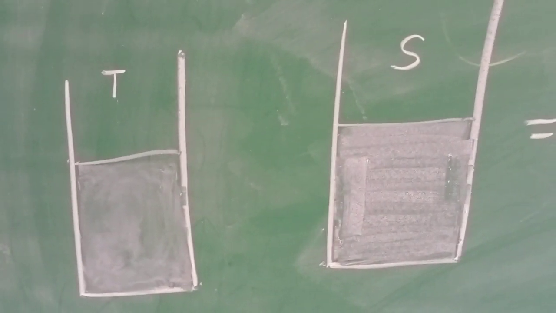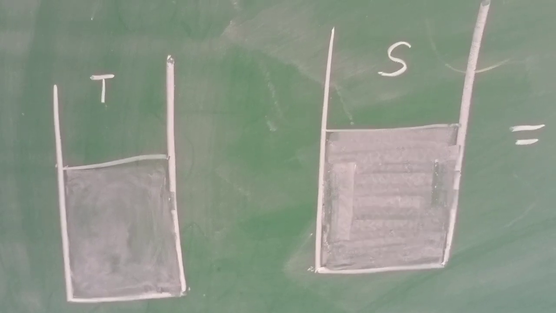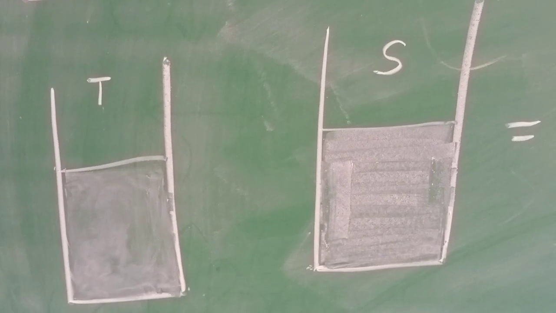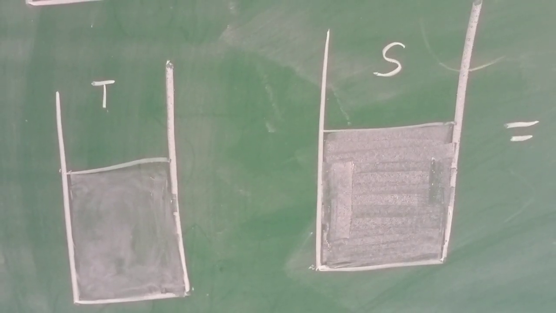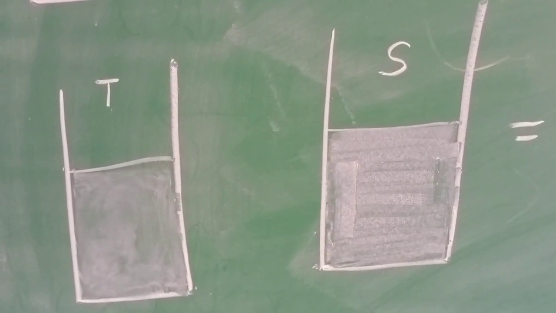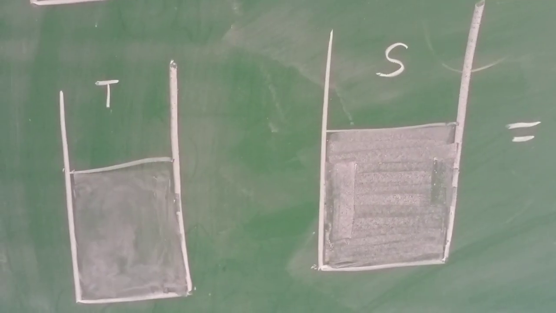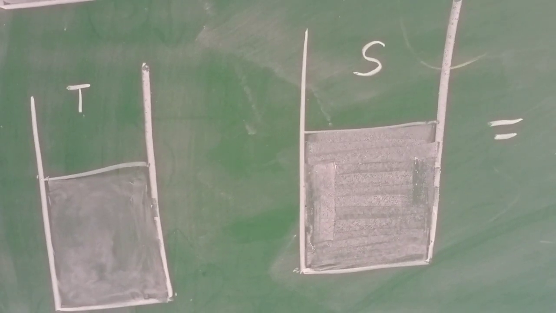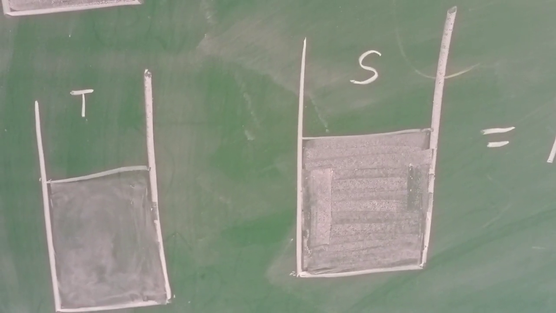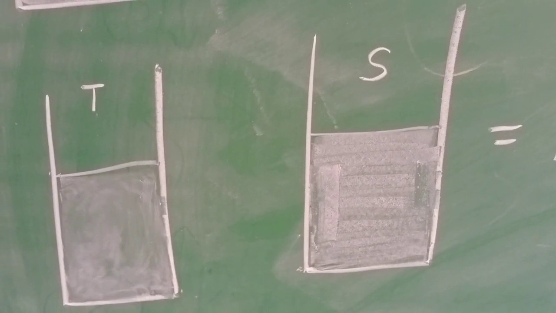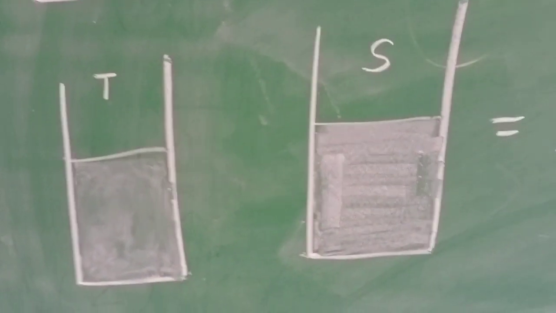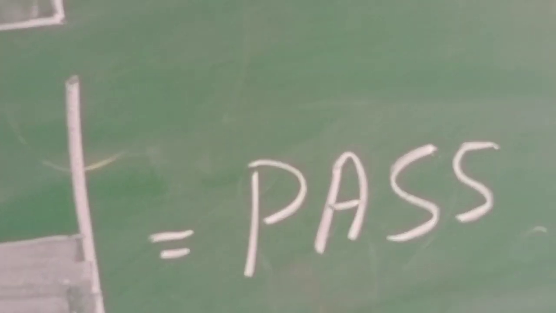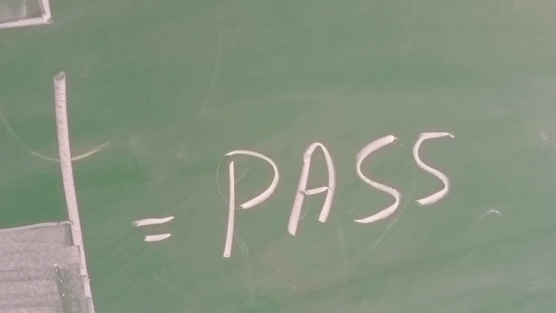Because the turbidity produced here by the test solution or test sample is well within the limit, as we can see by comparing that the test has less turbidity and hence less impurity compared to the standard, which has comparatively greater turbidity. So in this case, our sample solution passes the limit test of sulfate.